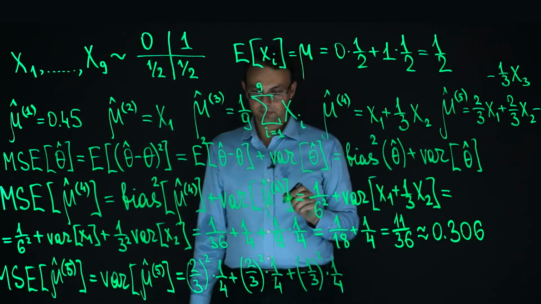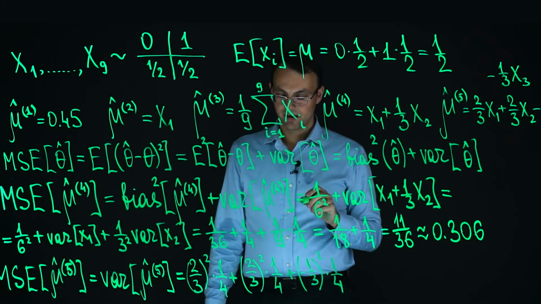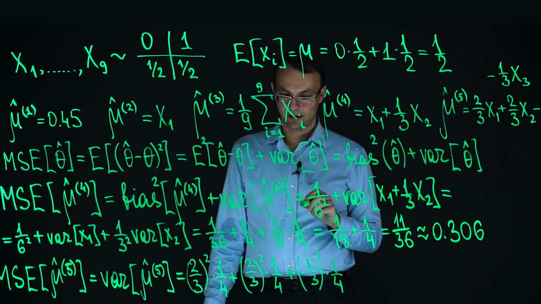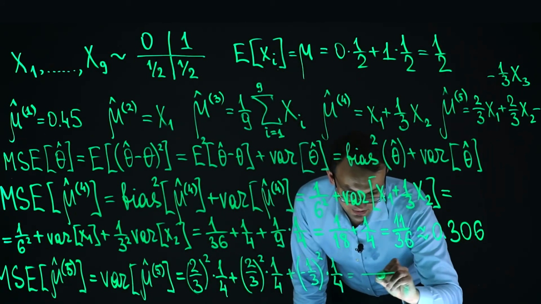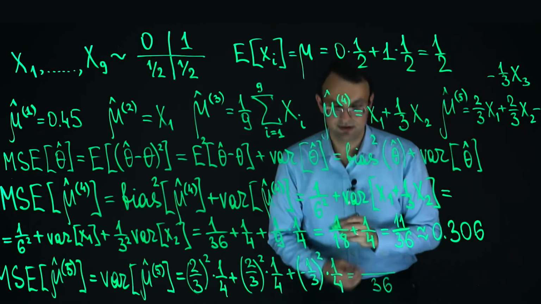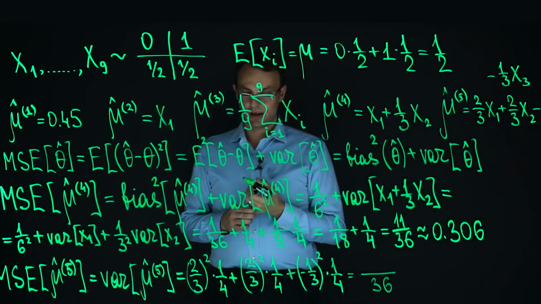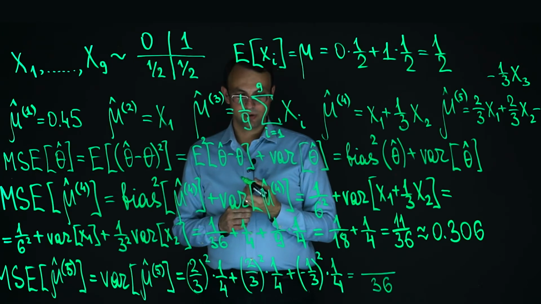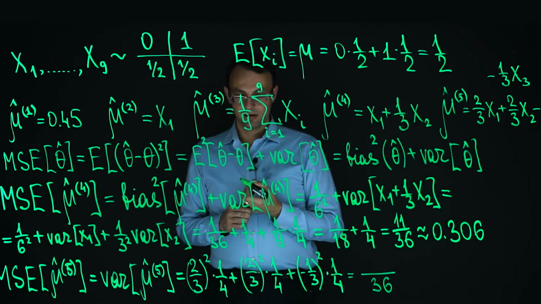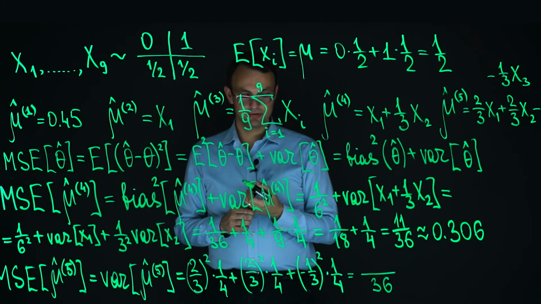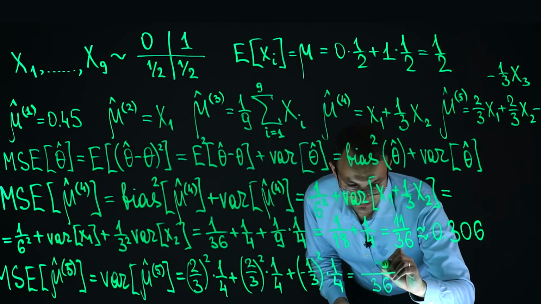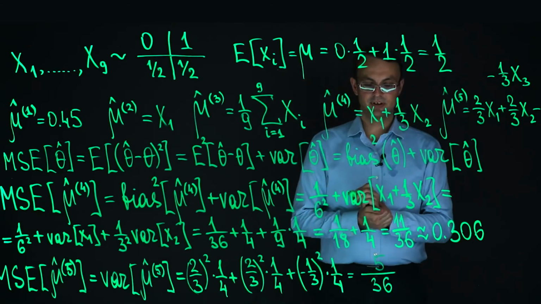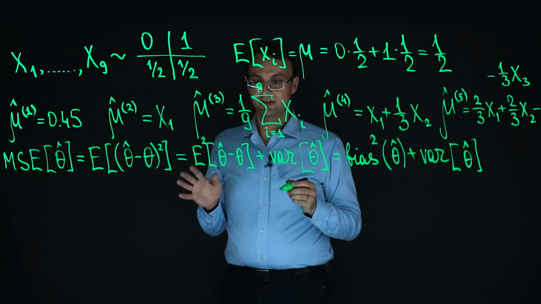So what do we have here? We have 9 times 4, that is 36 in the denominator, and in the numerator we have 4 plus 4 plus 1, that is 5. So 5/36.